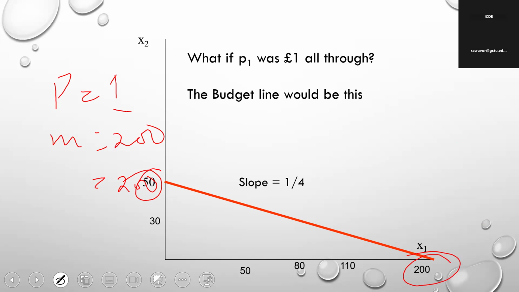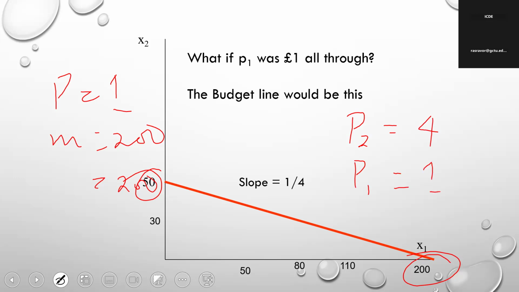If P1 is equal to 1, see, no question? Or is there a question? Oh, okay, why would it be still 50? Remember, please pay attention here. P2 is 4. P1 is now 1 cedi.